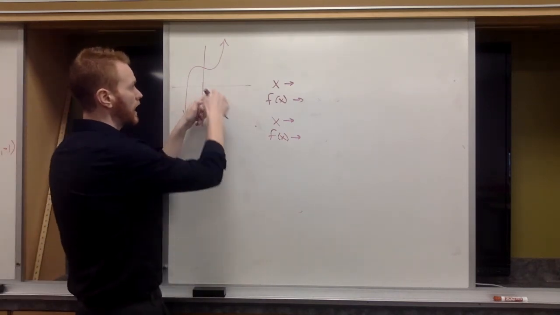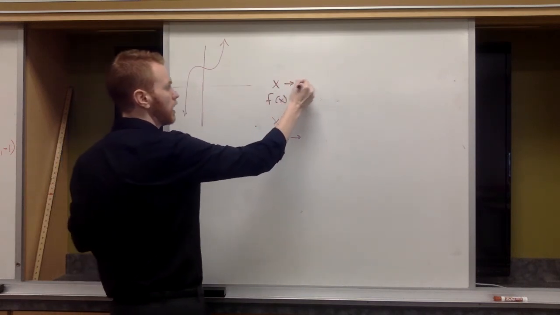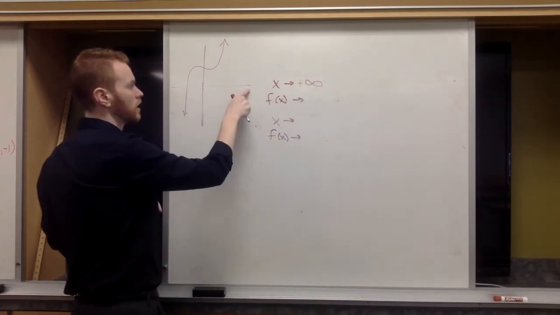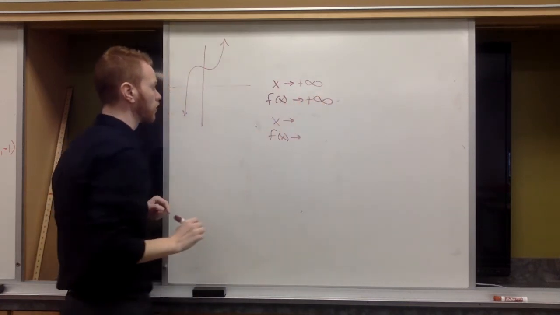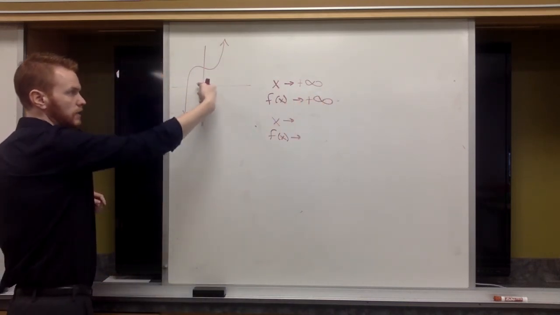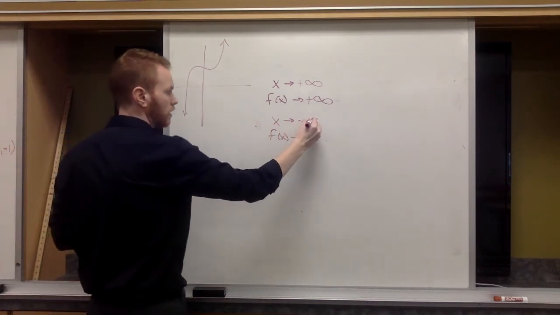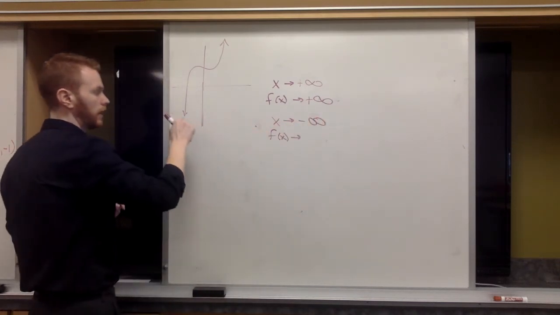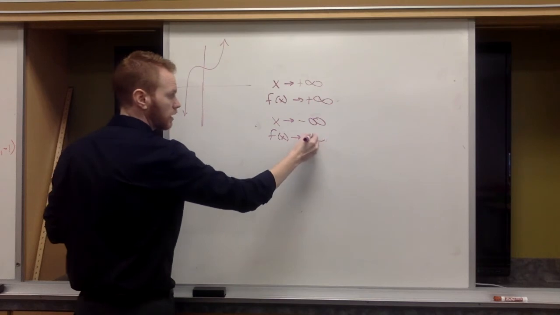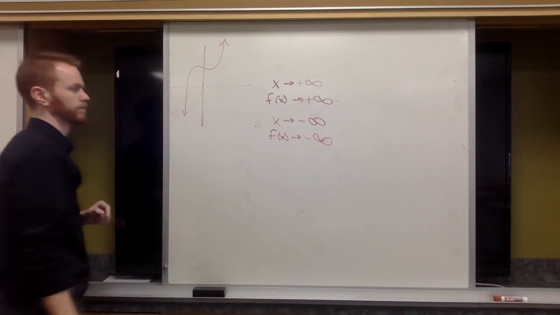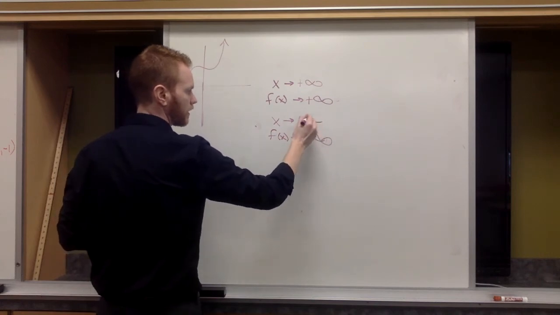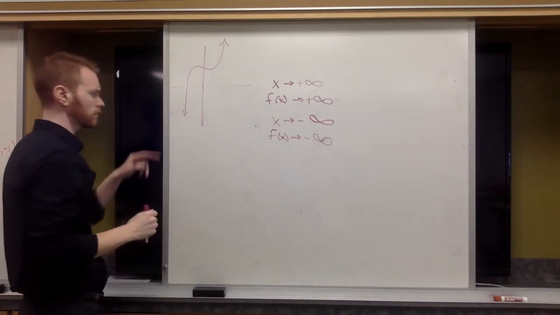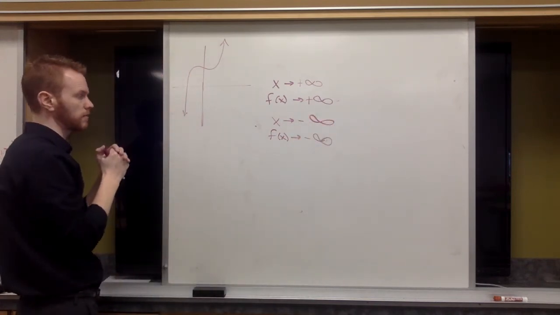Okay, so as x goes infinitely positive, my y values are going to go infinitely positive. They're going to agree. And then as my x values go infinitely negative, my y values are going to go infinitely negative. That does not look like an infinity sign, sorry. There we go. Okay, so that's not too bad describing the end behavior.